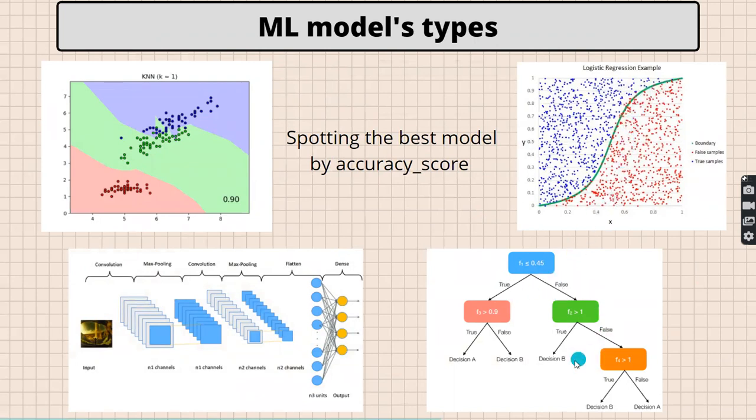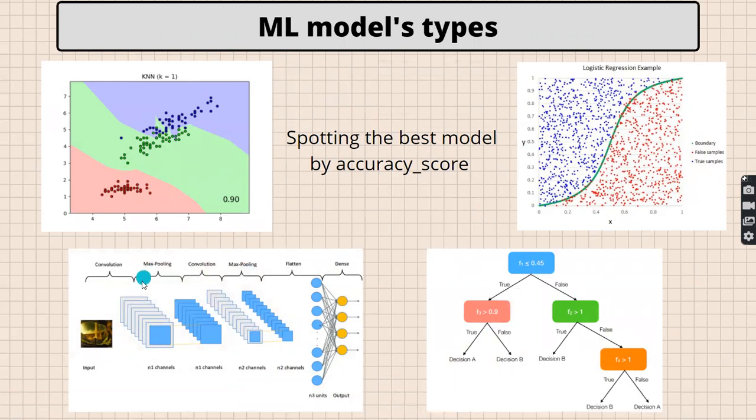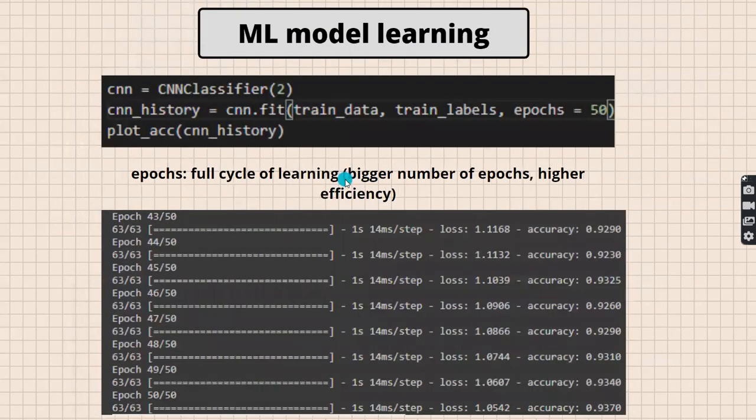Under that, we have a decision tree, and in the left corner, we have a convolutional neural network. I based my choice on the accuracy score that those models provide on my data set. Here we're just representing the final output, which is a CNN classifier.